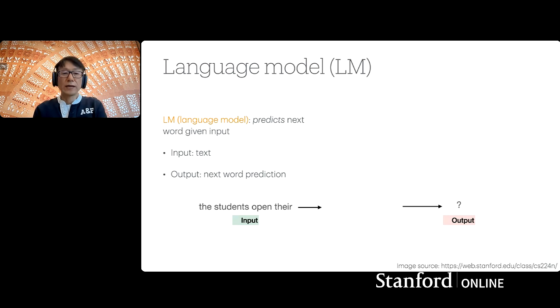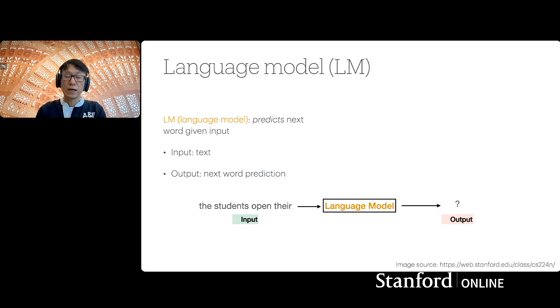So a language model is a machine learning model that predicts the next coming word given the input text. As in this example, if the input is "the students open there", then the language model can predict what are the most likely words coming next.